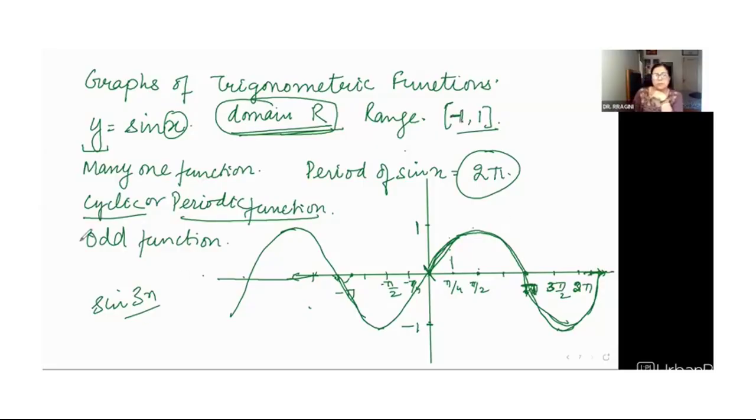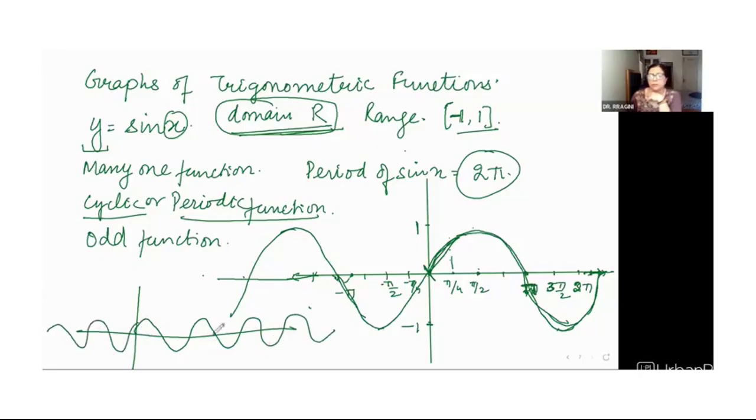I'm just extending it here so that you understand. It can be extended to this value. It will give the same cycle on both ends up to infinity. But this one cycle is 2 pi. The second 2 pi cycle starts from here. This is 2 pi, then again 2 pi, then 2 pi. After every cycle of 2 pi, the values of sine x will repeat.